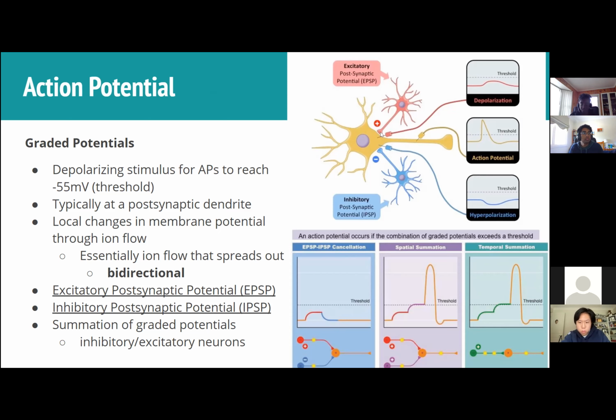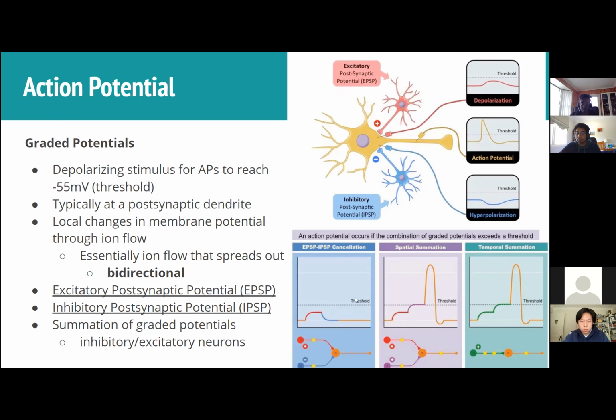The synapse is essentially the gap between the end terminal and the dendrite, and we're going to get more to synaptic transmission later. However, just by using these words, we can say that the postsynaptic potential, after the synapse, is excitatory for some of them and inhibitory for some of them, and it's essentially the sum of these.